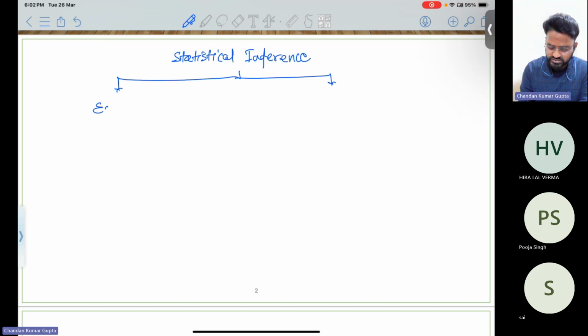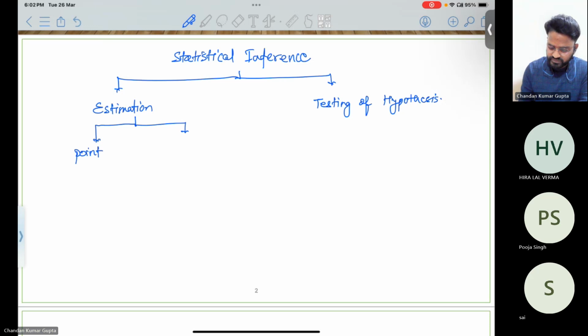The first one is estimation, and the second one is testing of hypothesis. In estimation, there are two categories: the first one is point estimation, and the second one is interval estimation.